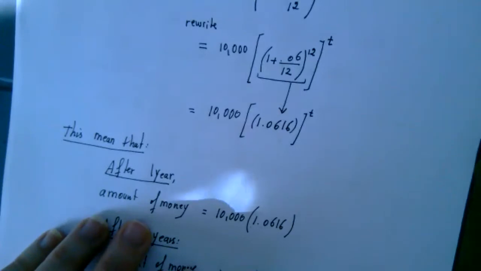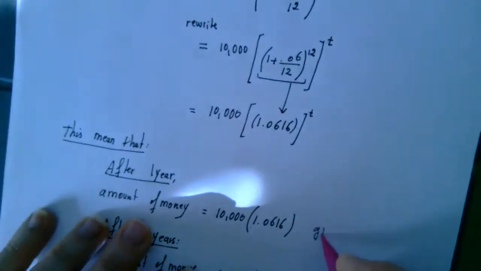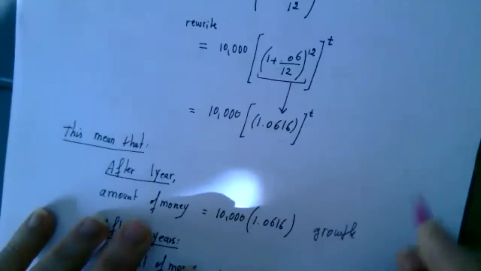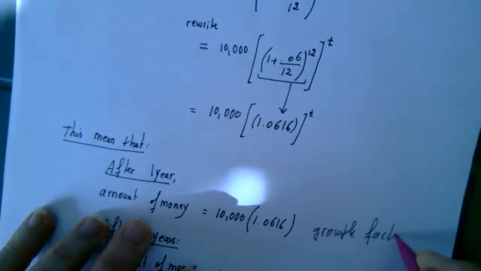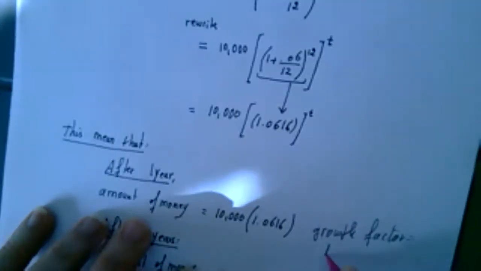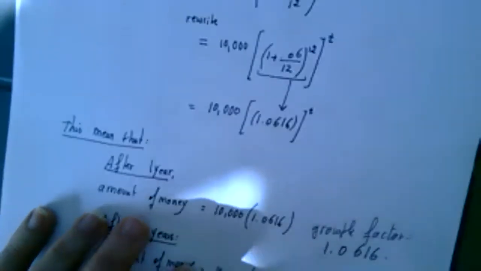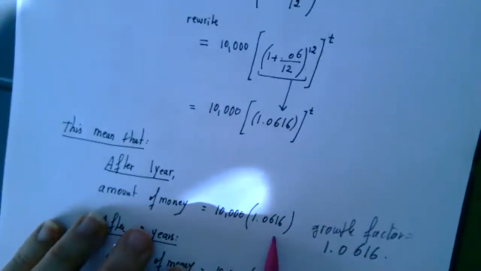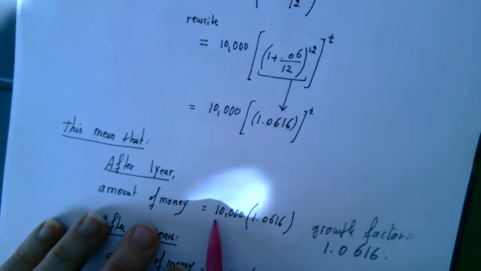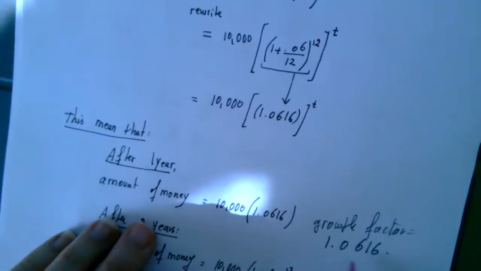That's really what my growth factor is, because after 1 year, that's how much money I made: the original times 1.0616. So my money grew by a factor of 1.0616.